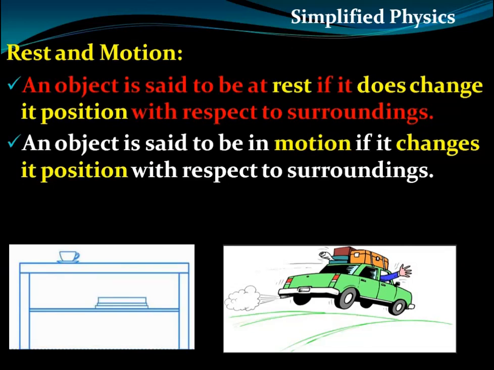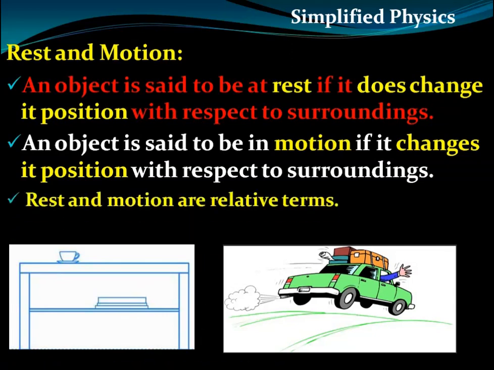If a body changes its position with respect to its surroundings, that is called motion. A car is in motion. In the figure, a moving car, a walking person, a flying bird, etc. are in motion.